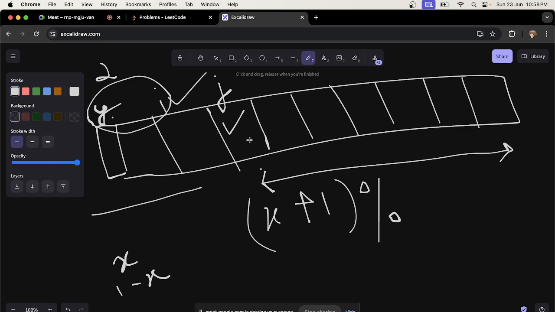Now after knowing the current value, if it is 1, we add 1 to the answer, and we also increment the count by 1, because we have to make this index 0. If it is 0, we do nothing and move on to the next index. This is the algorithm.